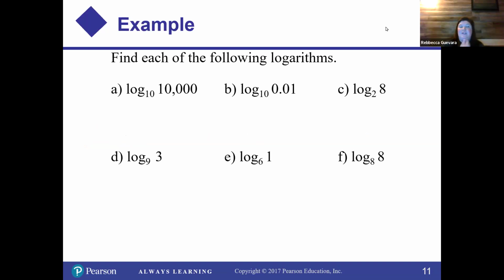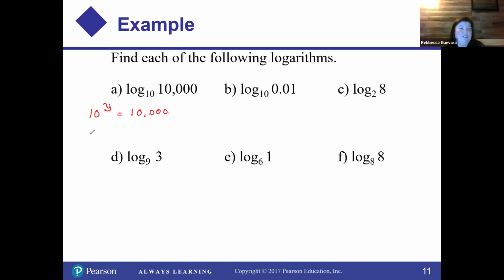All right, so now we know a little bit about this conversion. We're going to take each one of these logarithms and actually find out what they're equal to. So remember this is telling me that I have 10, and there's some power of that 10 that is going to equal 10,000. Since we're talking about powers of 10, this one is easy. You just go 1, 2, 3, 4.